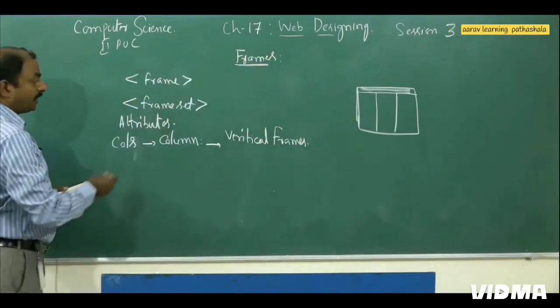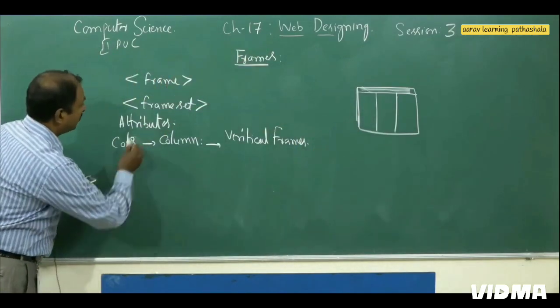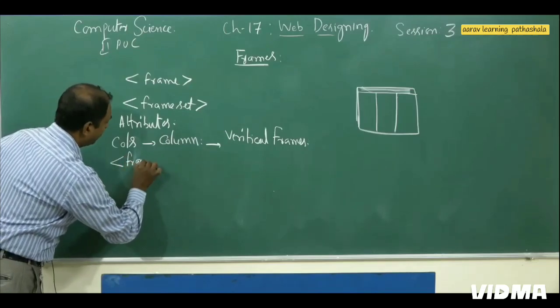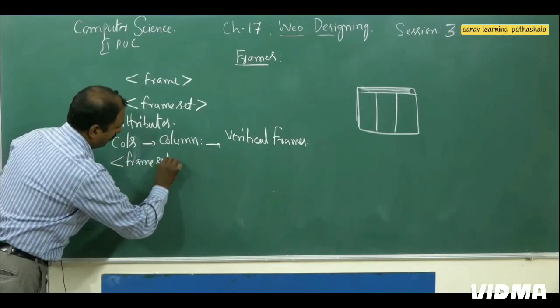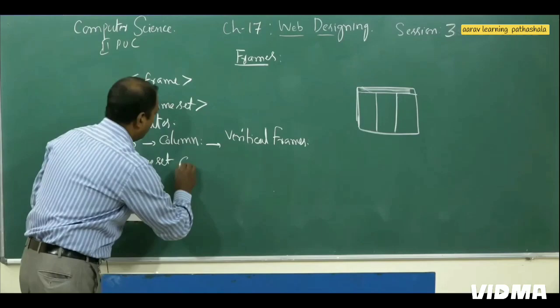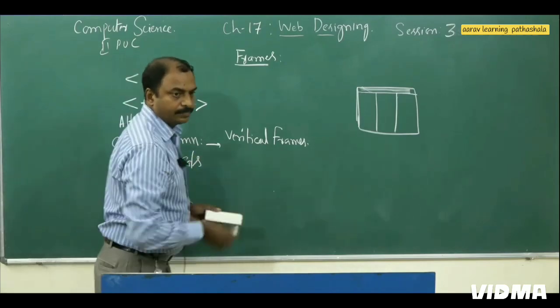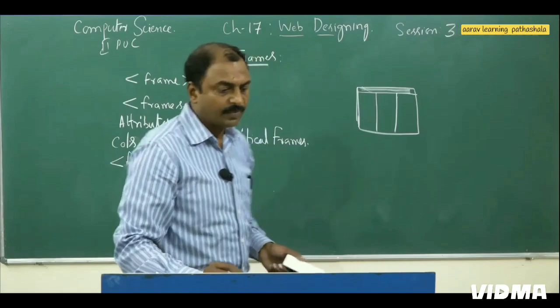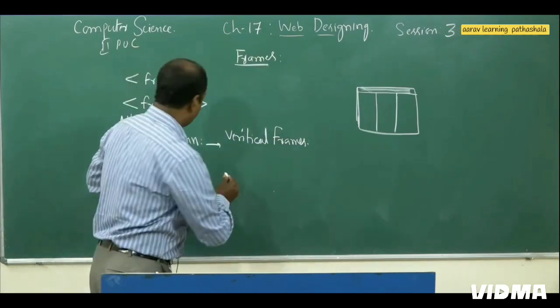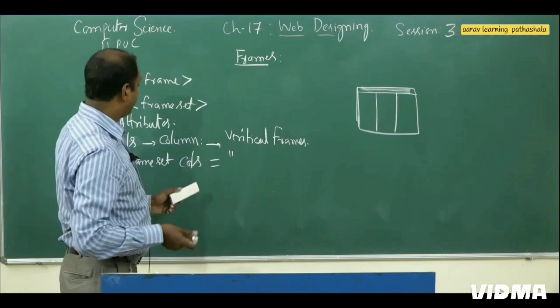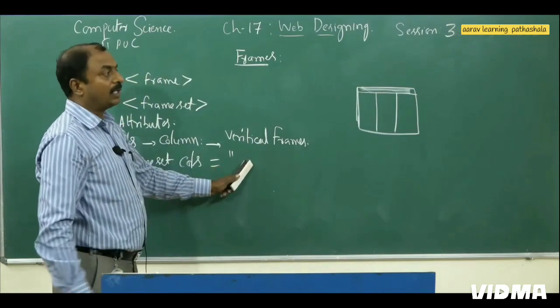What is the syntax of this? How do we use this? Normally the syntax is frameset columns equals, and here we mention how many columns we want.